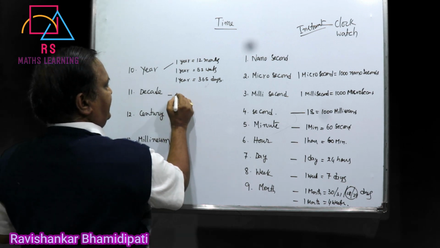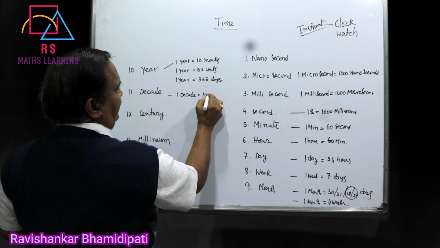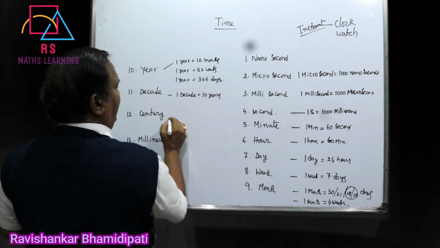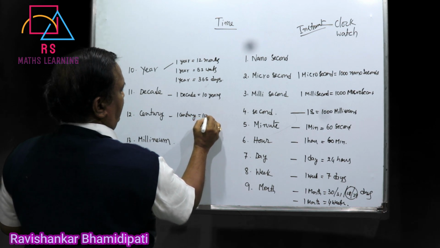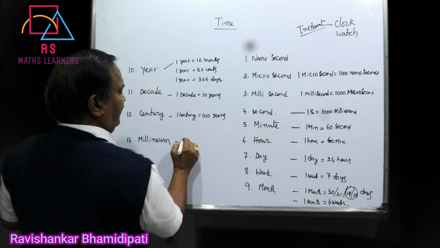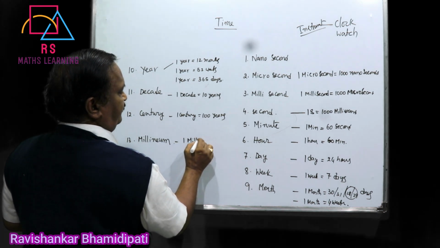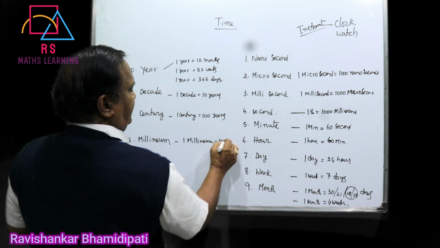So 1 decade is equal to 10 years, and 1 century is equal to 100 years. Okay, and 1 millennium is equal to 1000 years.